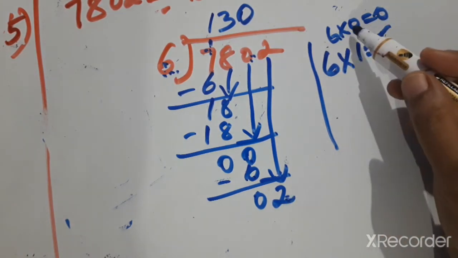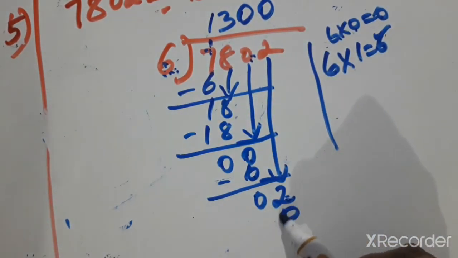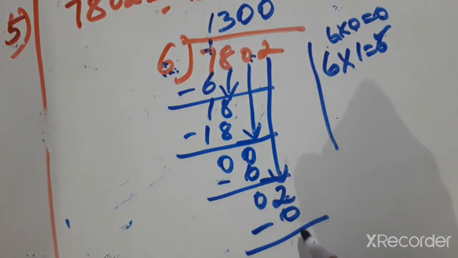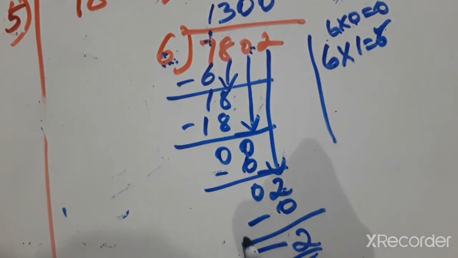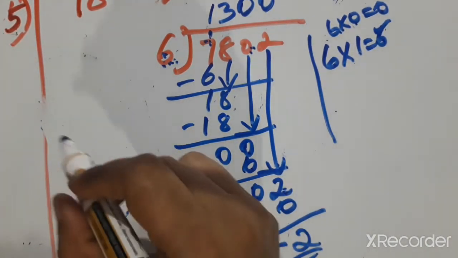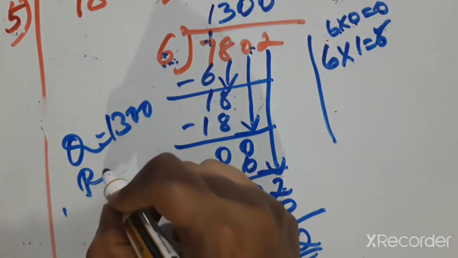So nearer is 6 zeros are 0. Now subtract, 2 minus 0 is 2. 2 is a remainder and quotient is 1300. Remainder is 2.